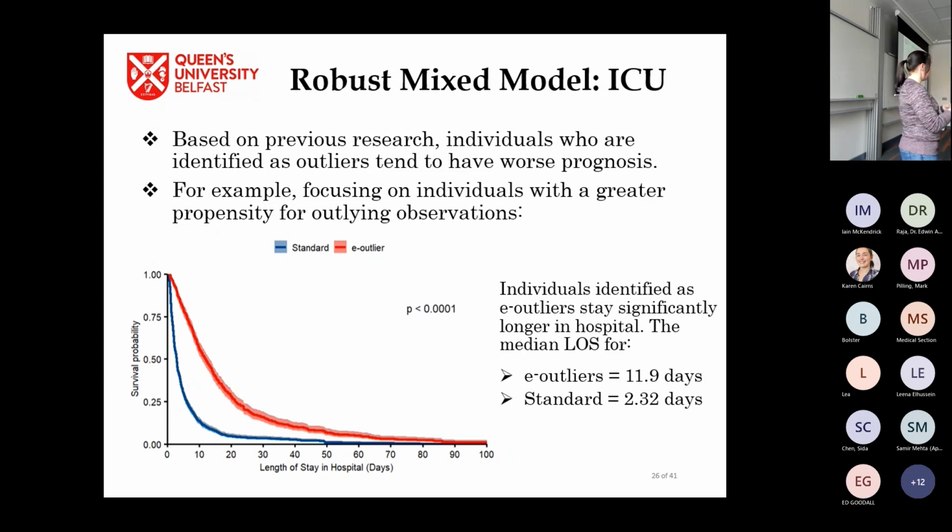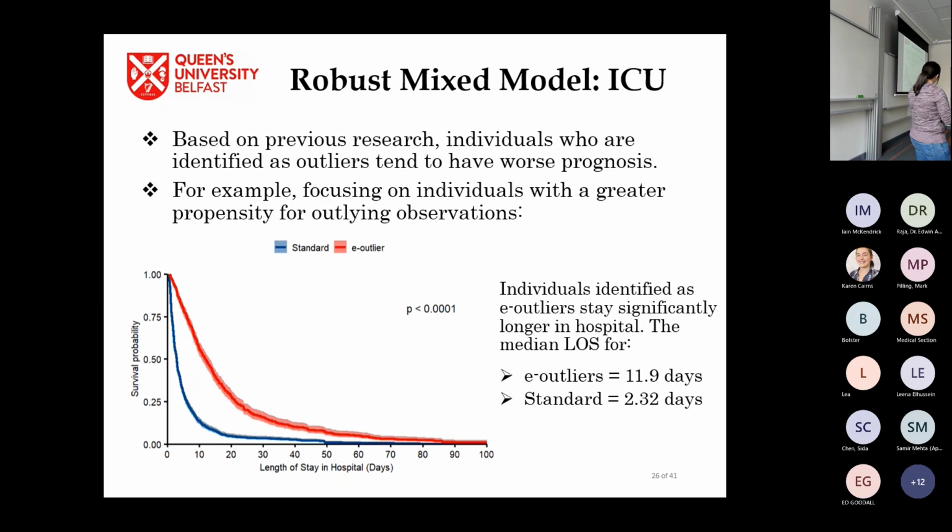We don't know at this point for this analysis, but we will know for the next extract because that's been added to the database. So all I can say now is that there is a significant difference in the length of stay of patients, rather than why, whether that's a good thing or a bad thing.